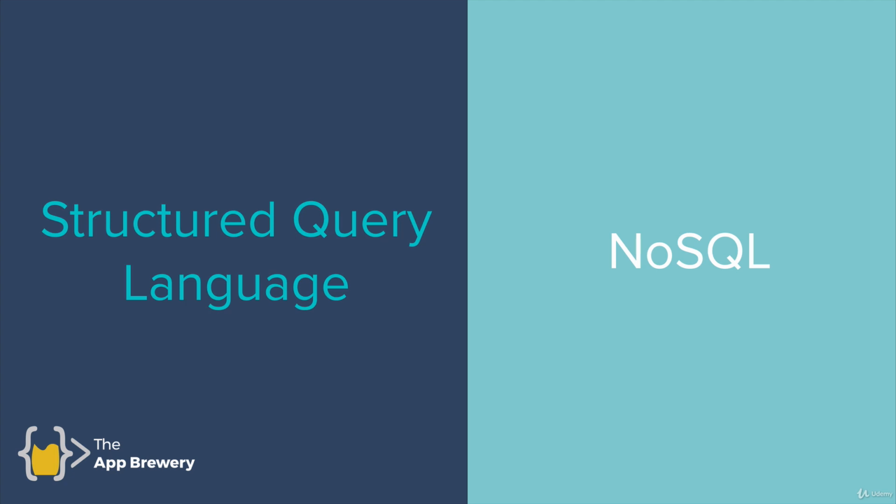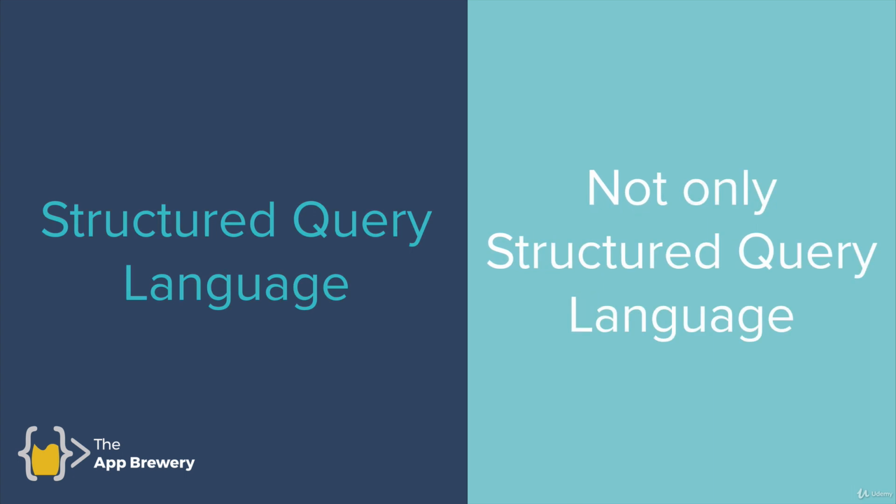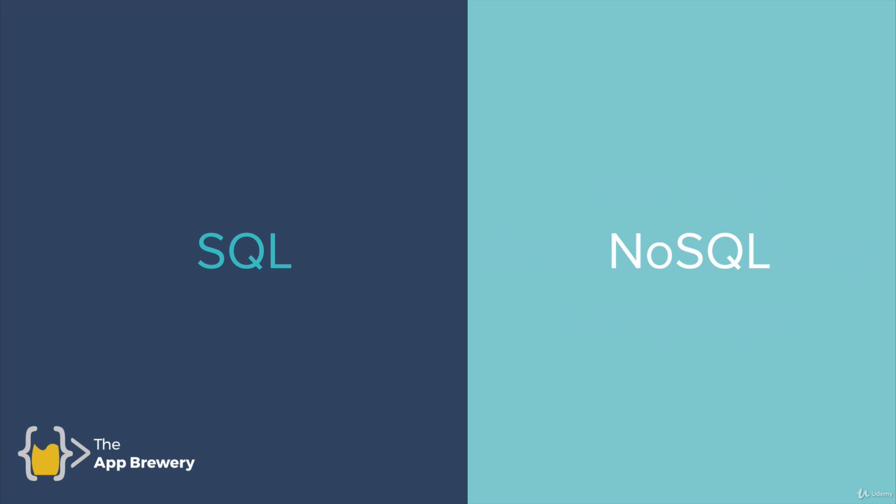NoSQL stands for Not Only Structured Query Language. So they can actually be any format as long as it's not SQL, although most of them follow a very similar structure. Those are the two big families of databases that you get to choose from, and we're going to talk about the differences between each, and I'm going to show you how to work with both of these types of databases.